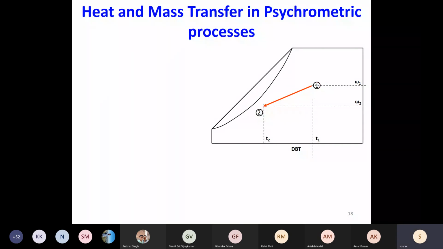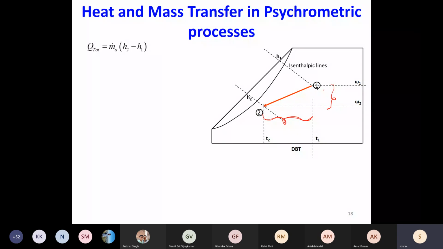So now we can see that any process on the psychrometry chart will be accompanied by two changes. One is change in omega and the other is change in temperature. If you have just change in temperature, then that process we call sensible heat transfer or sensible cooling or heating process.